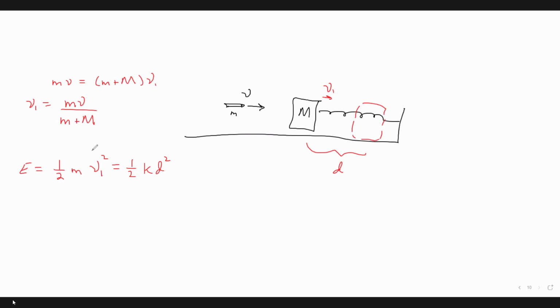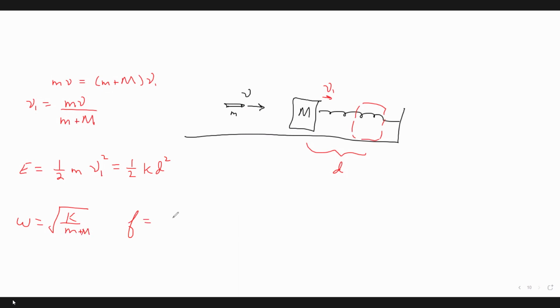Since I know V1, I know K. So if I know K and the mass of the system, I know the angular frequency of the motion is the square root of K over little m plus big M.